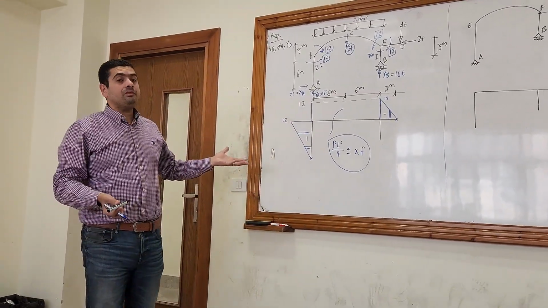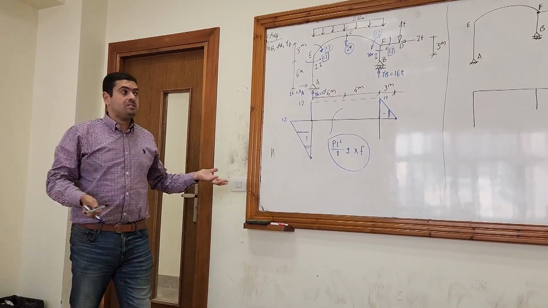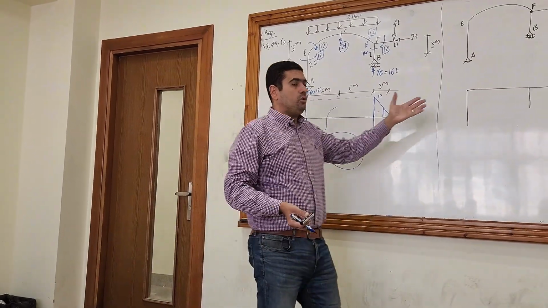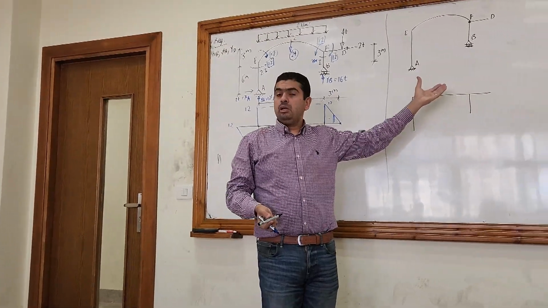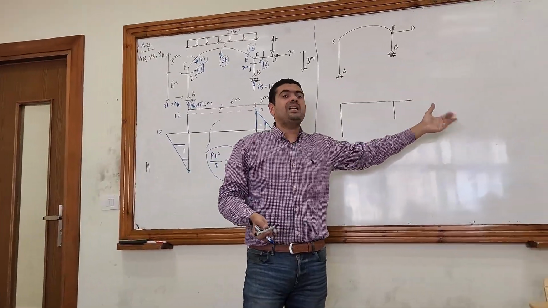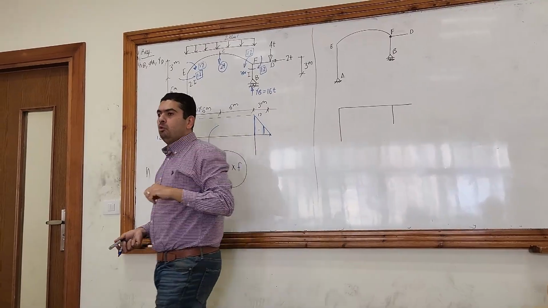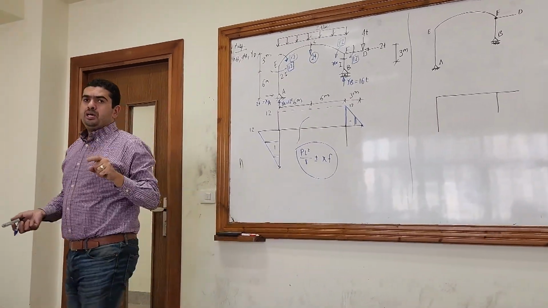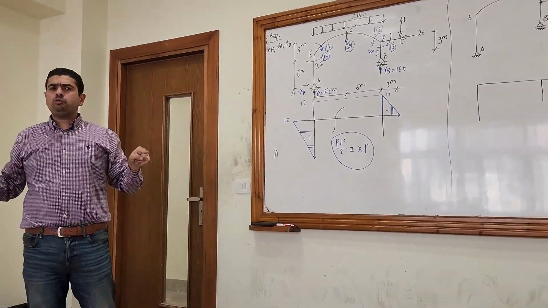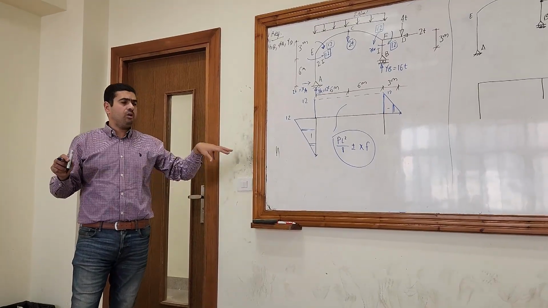Okay? But here in the arch frame, don't get surprised that in the case of the unit load, you can get a second degree parabola in the bending moment diagram. So the question that will arise now, what will be the question now before I continue?